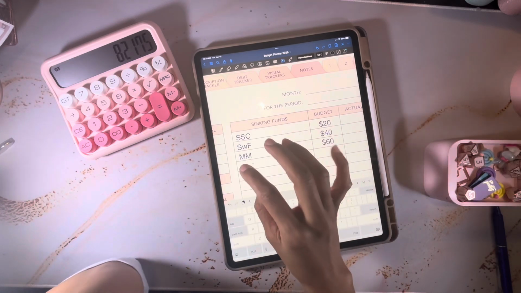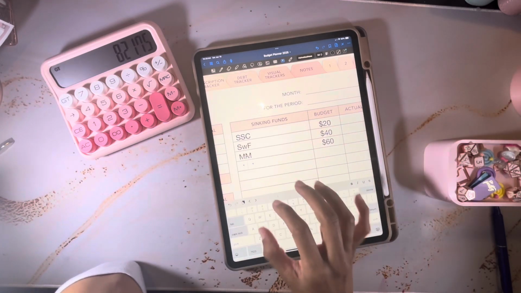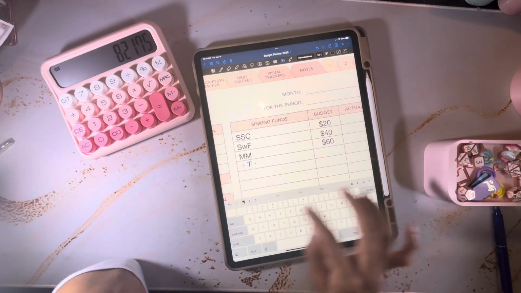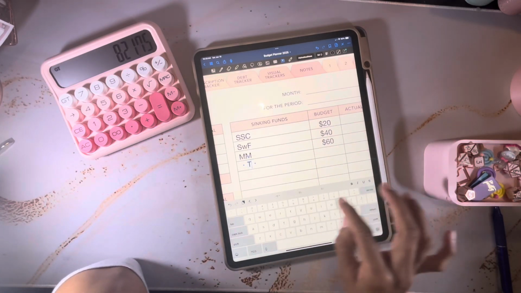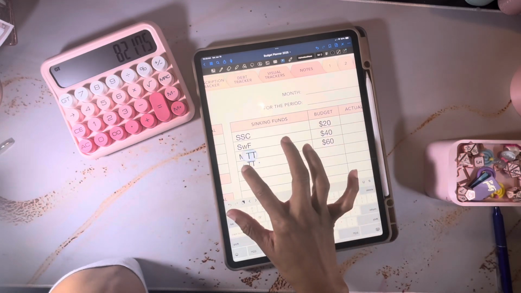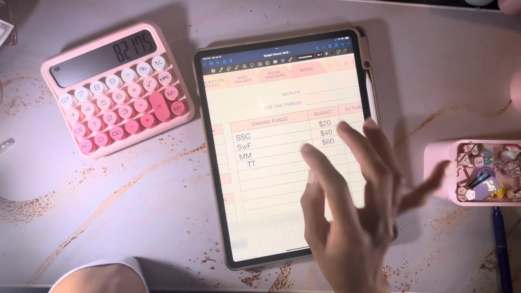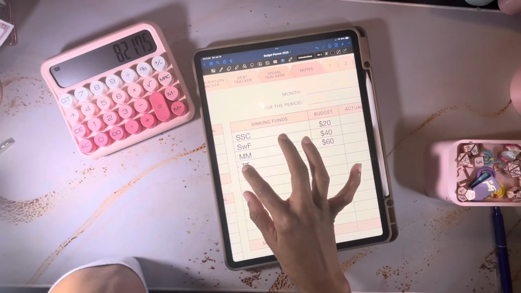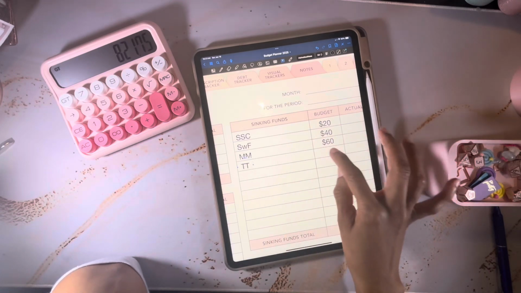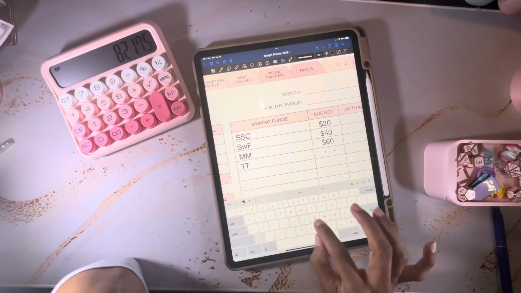And then next we have Tiny Tuesday. Oh, come on. So Tiny Tuesday will get $30.